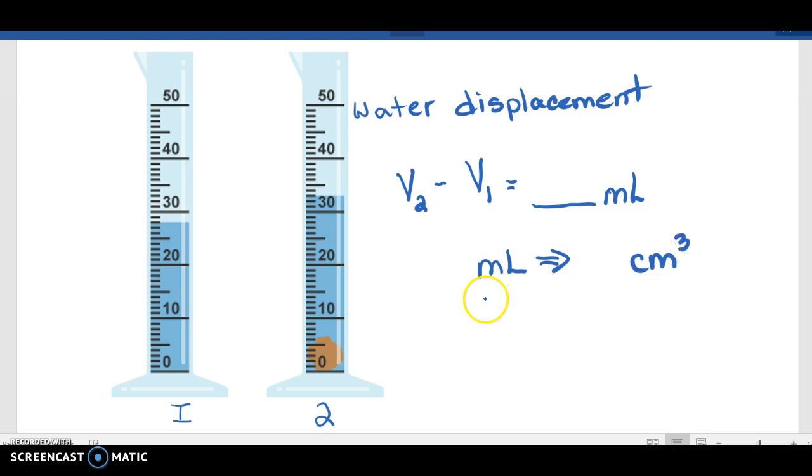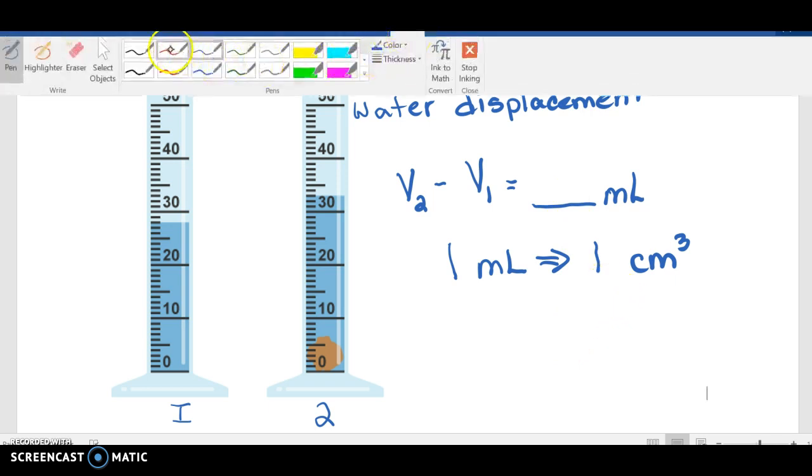Now luckily, at the beginning of the creation of the metric system, it was created such that 1 milliliter of water occupies 1 cubic centimeter of space or volume, which makes it a 1-to-1 relationship. So if this solid object pushes 5 milliliters of liquid out of place, then it would have a volume of 5 cubic centimeters.